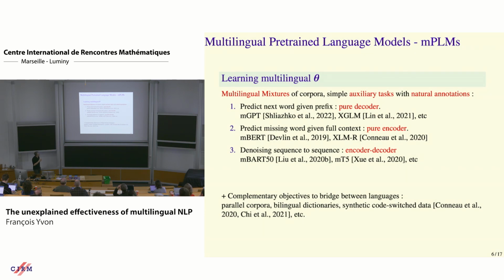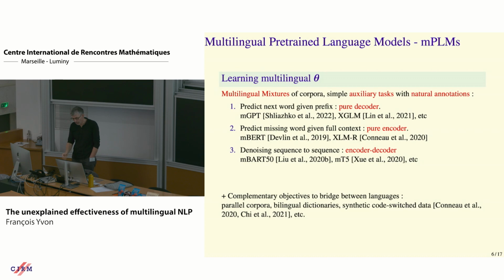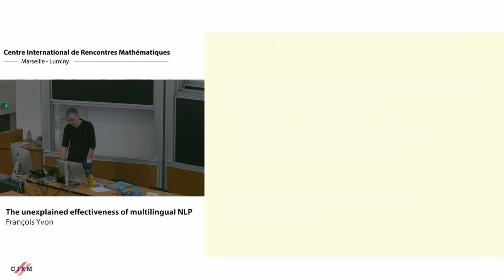And we can also, if we like, add complementary terms in the loss so that we exploit the fact that some words are translations of other words. If we know this for some pairs of words, we can make sure that their embeddings are close. And this has been done at scale, and it has been found to be extremely useful.